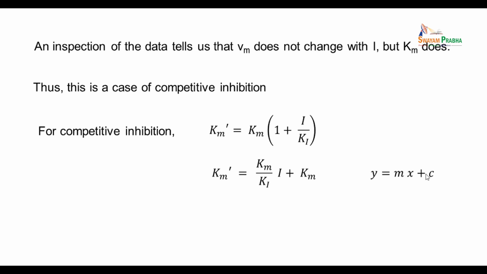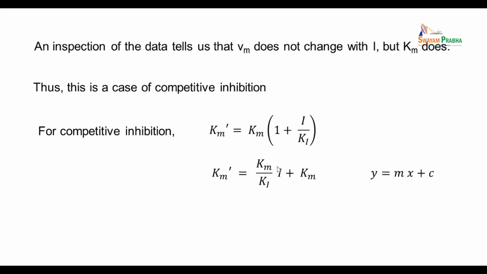If you just pick points from there, the errors in the data collection would directly get transferred and probably get magnified. If you're using a data point which happened to be incorrect, then the errors would be large in the estimates. That's the reason why we need to use the entire set of data whenever we have data to work with. And we are trying to use the entire set of data to find the inhibition constant. To do that, I'm looking at this in a y equals mx plus c form.